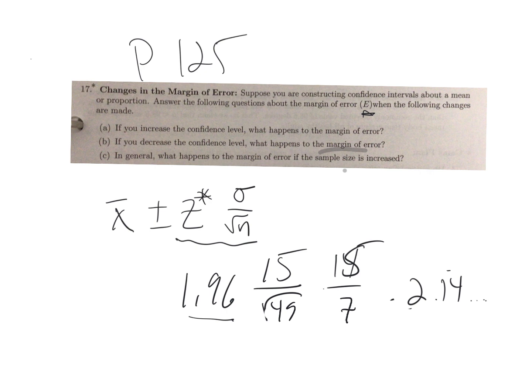Before, with a sample size of 16, it was 3.75, and with a sample size of 49, the standard deviation is smaller, which means 1.96 times that smaller standard deviation isn't as wide an interval.